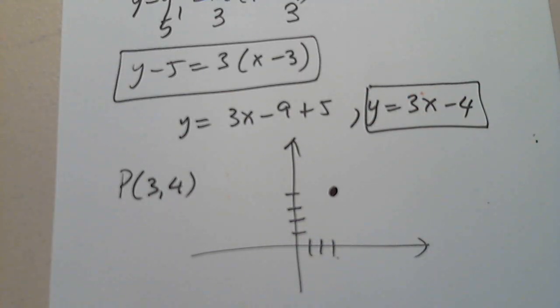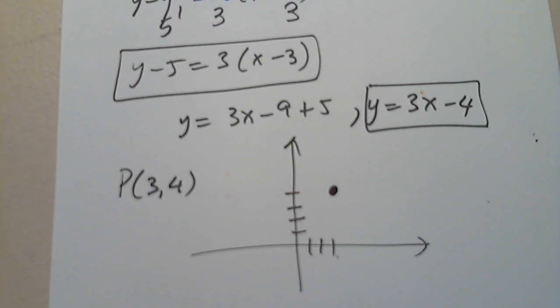And they want us to graph. I plotted the point, but now they want us to graph the equation of the line that has an undefined slope and passes through this point. So graph it and also identify the equation.